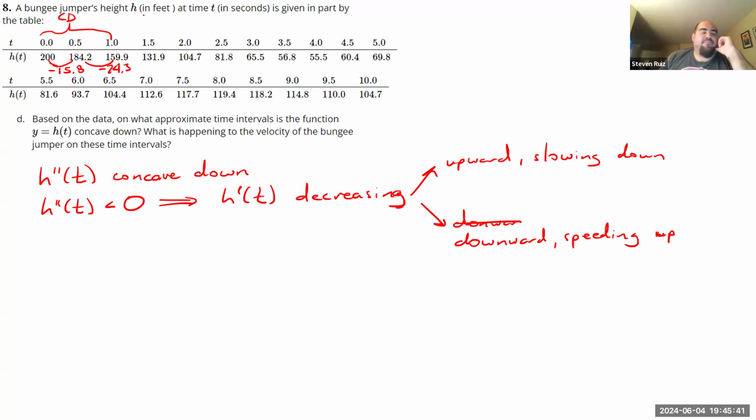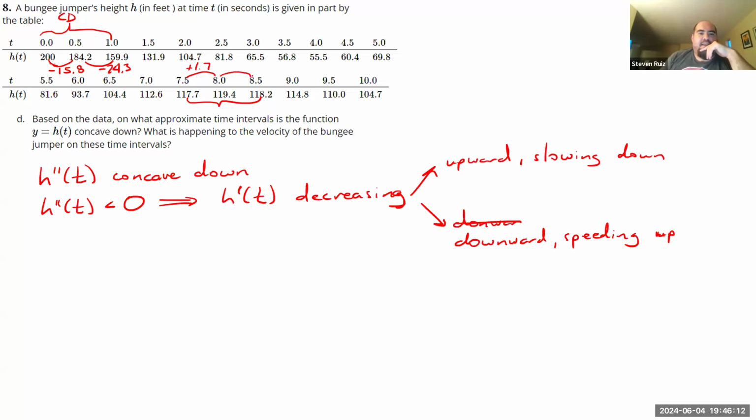So again, this is something you can use to check a lot of these intervals. Let's go through one more to spot check. Let's look at what's happening around 8 seconds. From 7.5 to 8.0 seconds, it looks like my height increased by 1.7 feet.